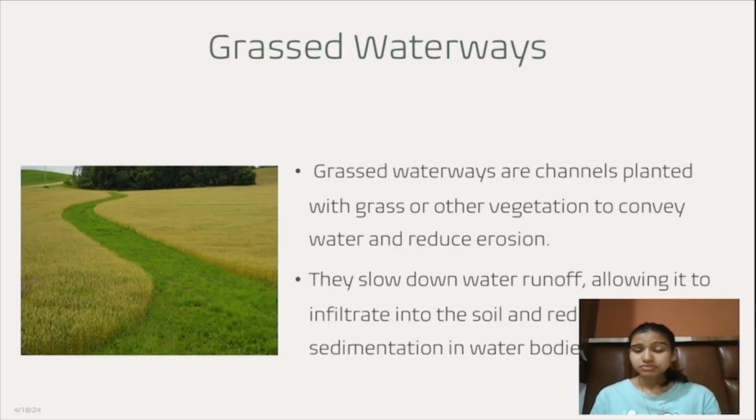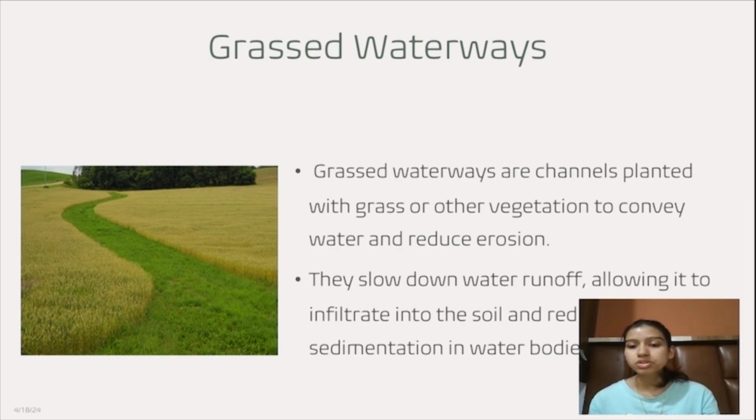Then we have grassed waterways. Grassed waterways are channels planted with grass or other vegetation to convey water and reduce soil erosion. As you can see in the picture, there are plantings on the other sides, but in between there is grass. This reduces erosion and conveys water along the path.